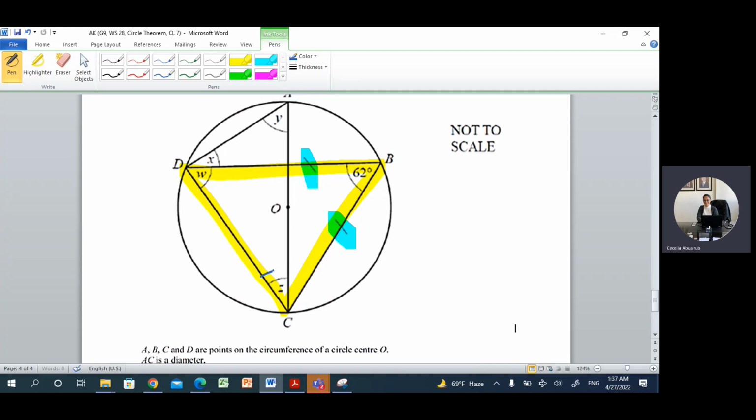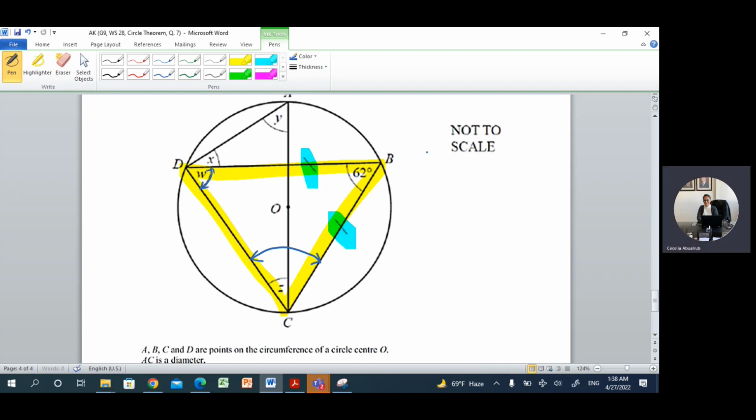We're talking about this angle here, and this angle.